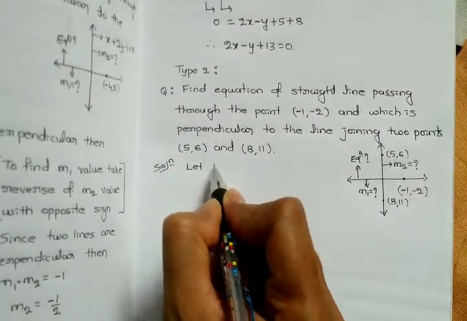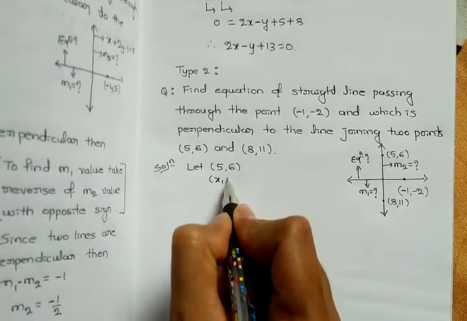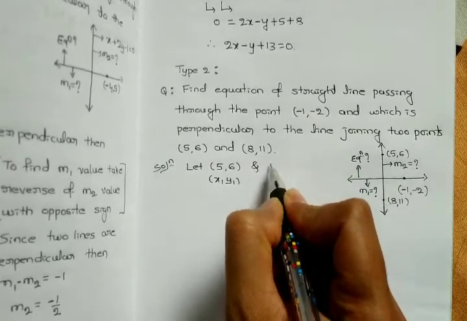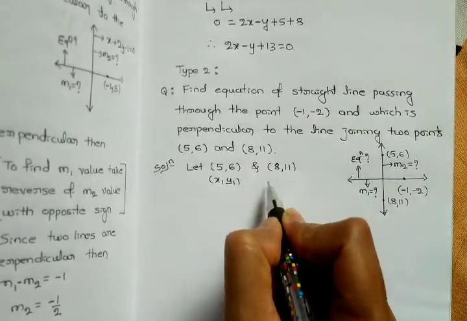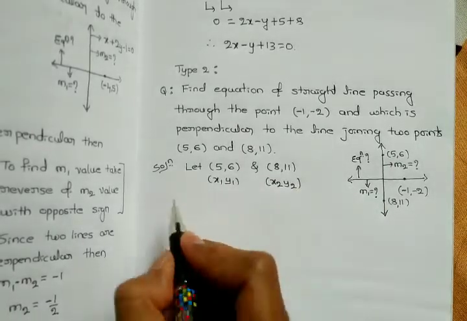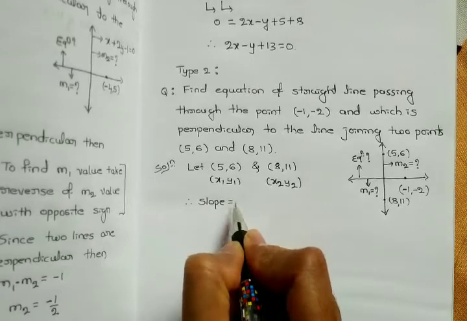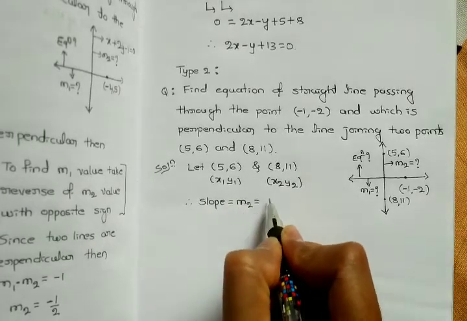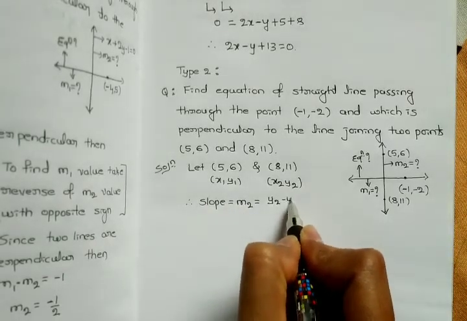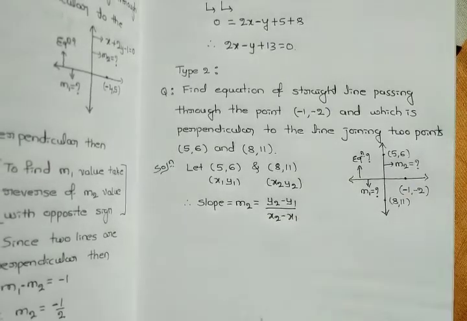Let 5, 6 be considered as x1, y1 and 8, 11 be considered as x2, y2. Therefore slope m2 is equal to, what is the formula? y2 minus y1 upon x2 minus x1.